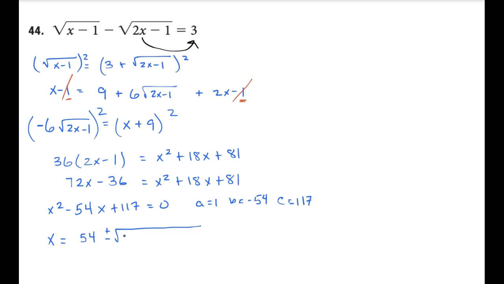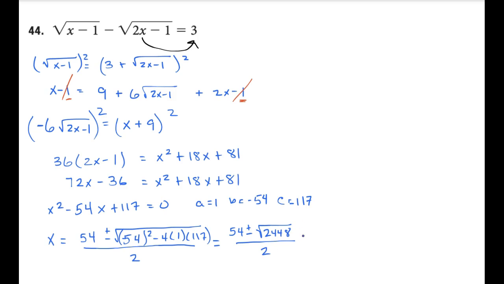So I get 54, negative 54 squared minus 4 times 1 times 117, all over 2. And this, after you simplify it, is 54 plus or minus the square root of 2448. And on the bottom, you get a 2.